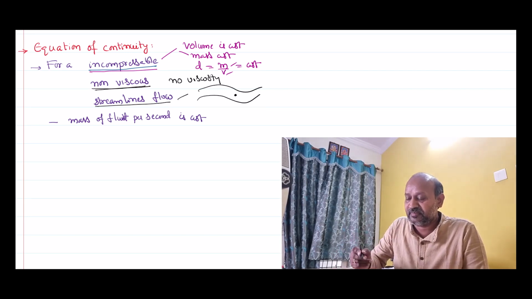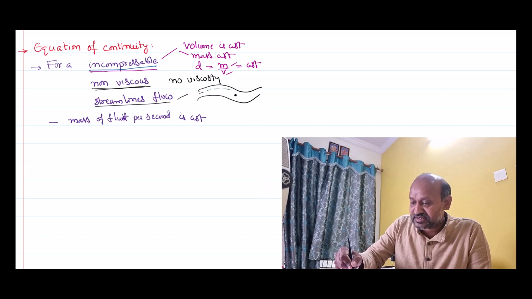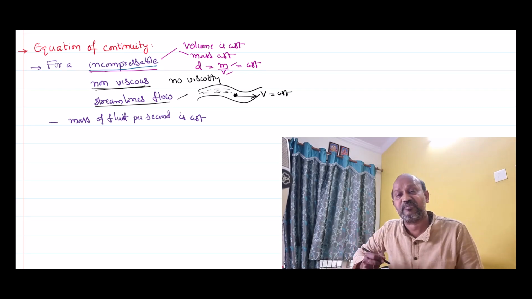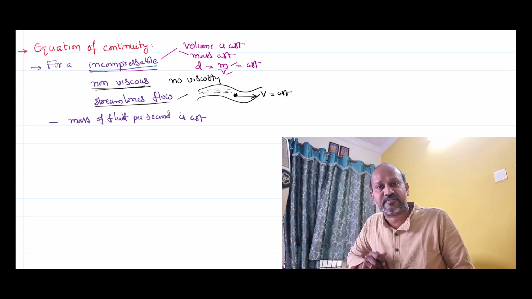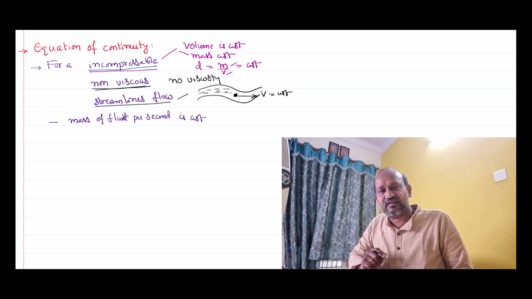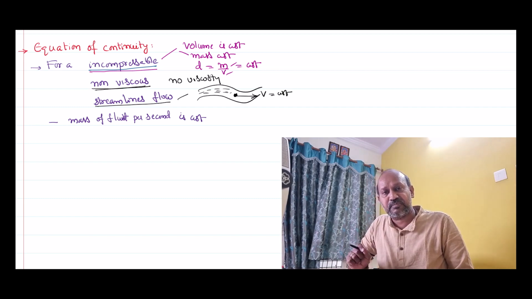Fluids are coming like this. There are so many fluid particles crossing this particular point. All the fluid particles crossing this point cross that particular point with a constant velocity. Be careful. I'm not saying that velocity is constant at all parts of the fluid, at all points of the fluid. No, I'm not saying that.